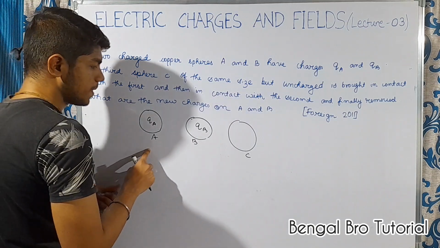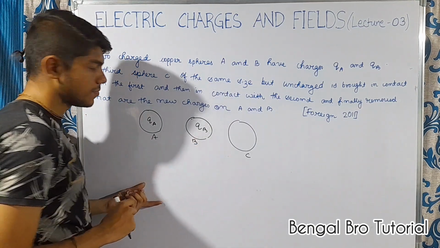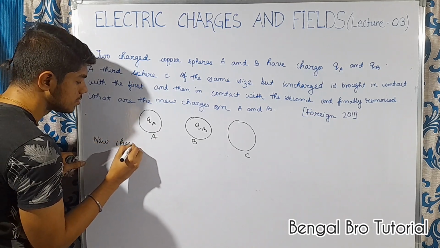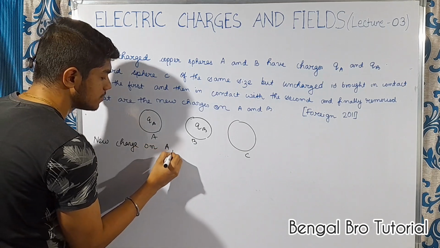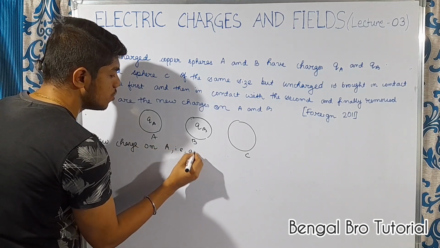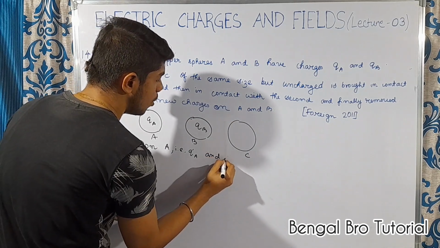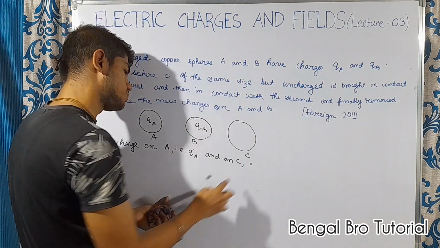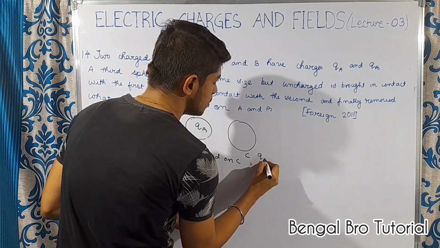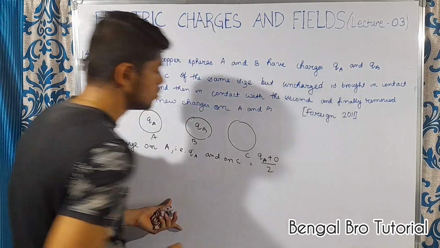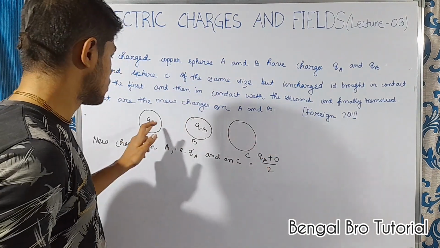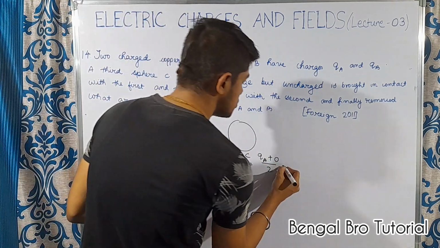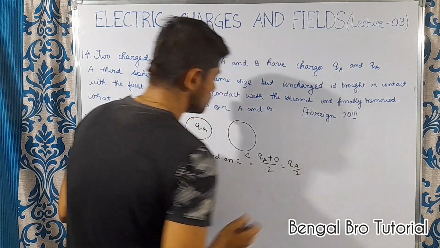So when A is brought in contact with C, the new charge on A, that is QA prime, and on C will be equal to QA plus 0 by 2, where QA is the charge on sphere A and 0 is the charge on sphere C, which is equal to QA by 2.